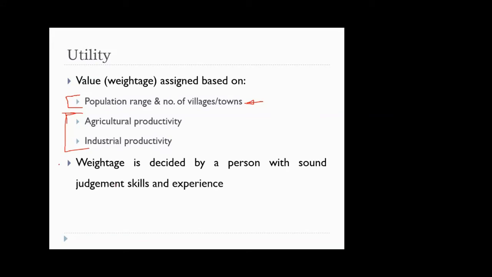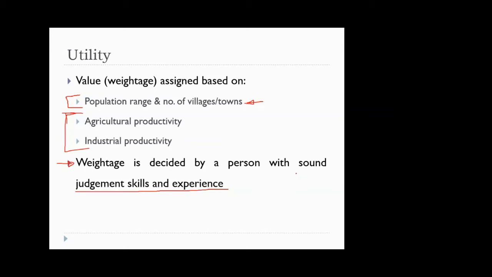Now who gives this utility value or who gives this weightage? Weightage is decided by a person with sound judgment skills and experience. Some of you might be studying the TQM and MIS subject, the second elective.